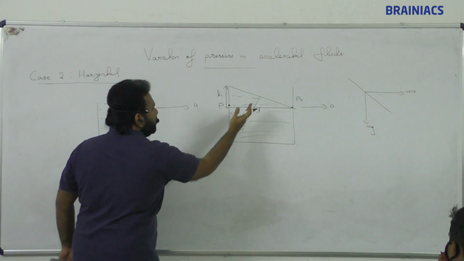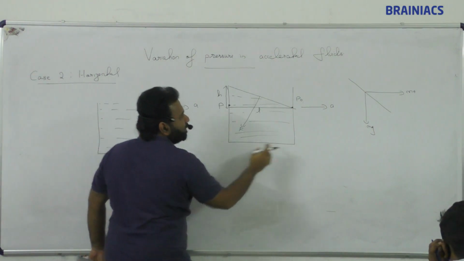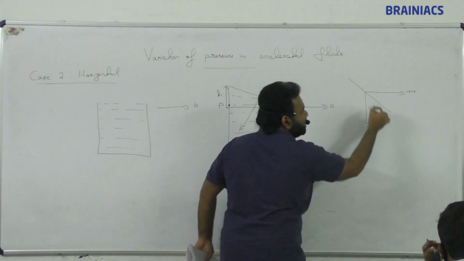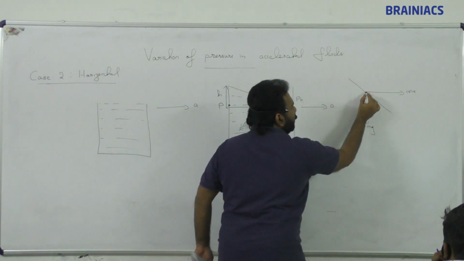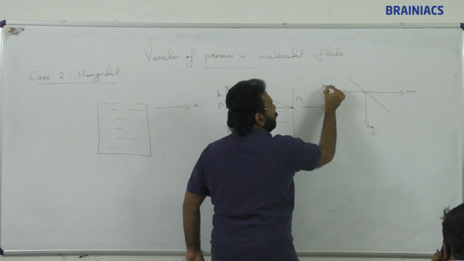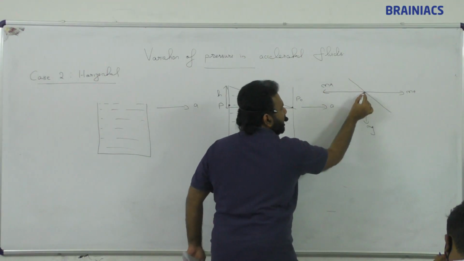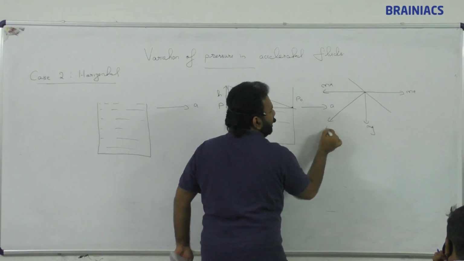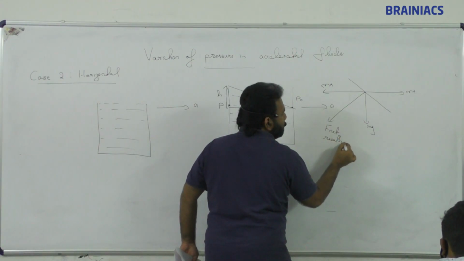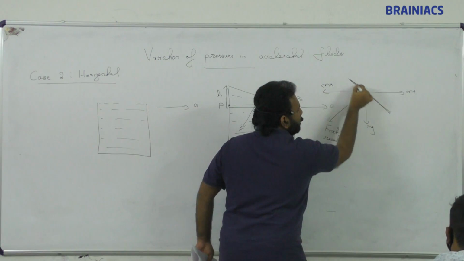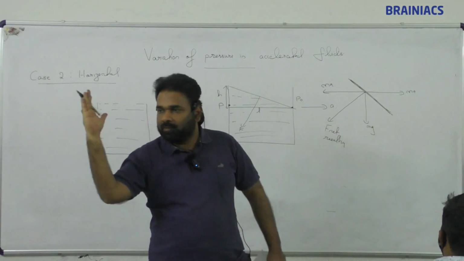See, if the resultant force is coming like this, actually mg and MA are in this direction, this should be the direction of the resultant force. What we do is we add MA in this direction and the resultant force we mark like this. This is the resultant force. Now this is the water surface.